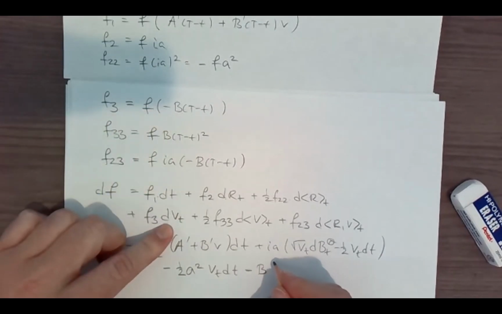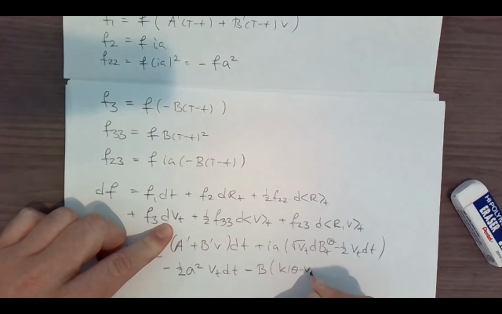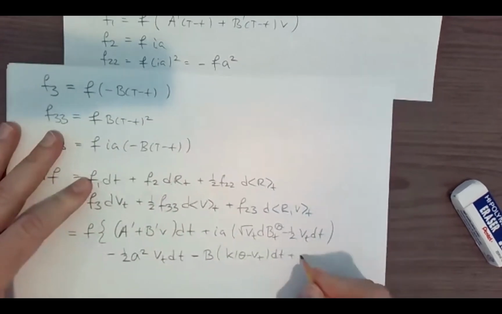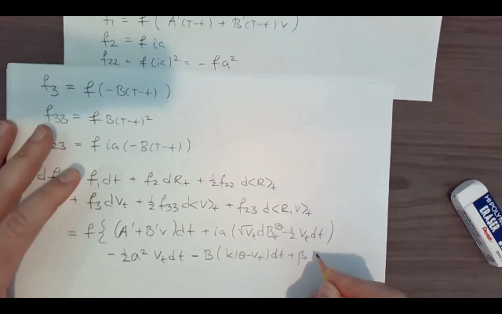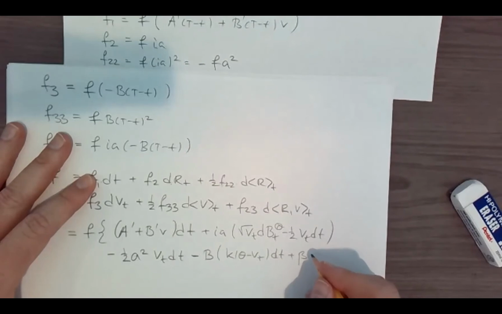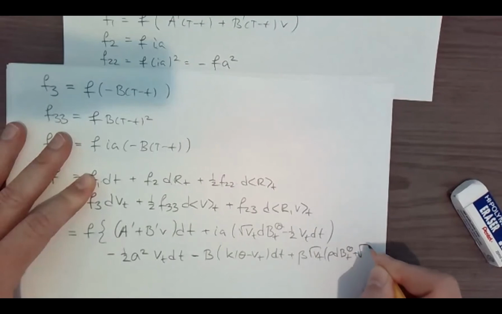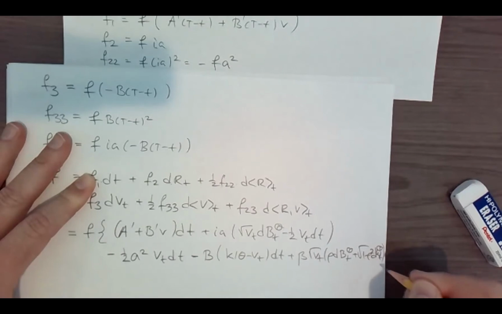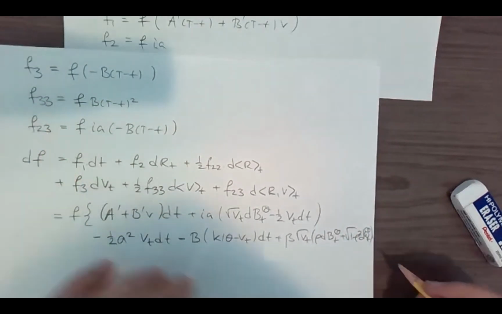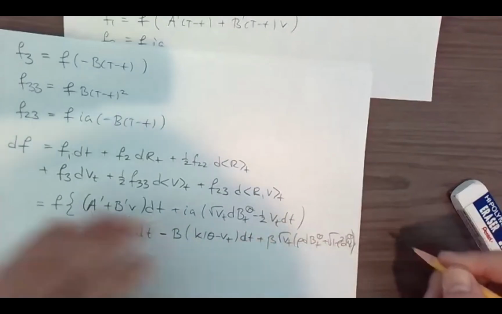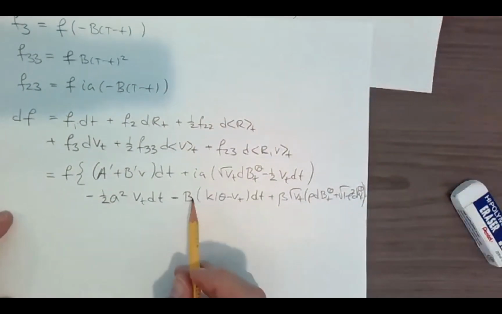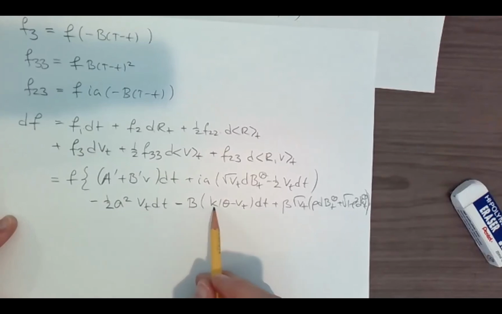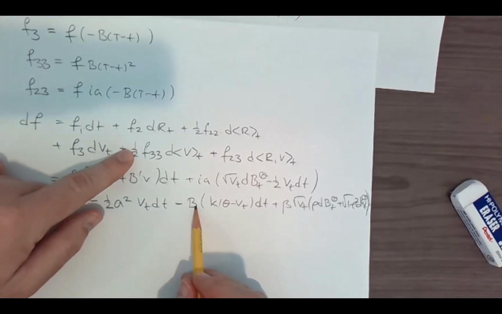And then dV, this was kappa(theta minus Vt) dt plus beta root Vt (rho dBt^Q plus root of 1 minus rho squared dWt). I need one more parentheses over here. That was minus b, that was this guy.